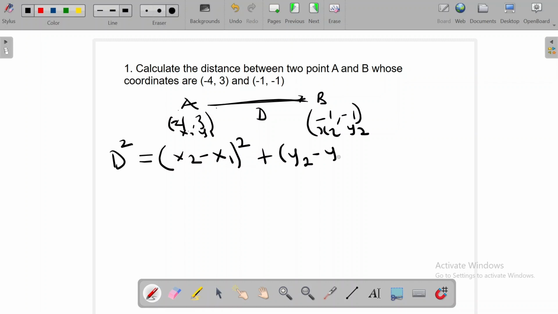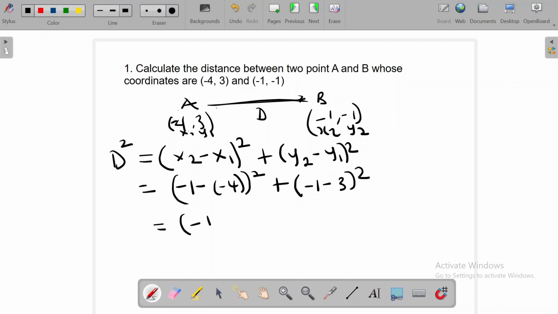minus y1 all squared. So this becomes, what is my x2? Negative 1, minus x1, which is 4, gives me negative 4, all squared, plus y2, which is negative 1, minus, what is y1? That is 3, all squared. This becomes negative 1 minus 4 squared plus negative 4 squared.